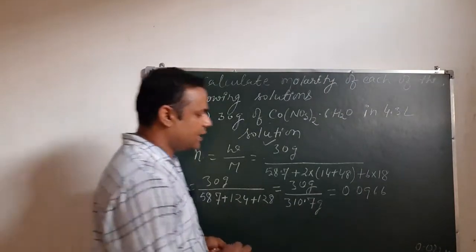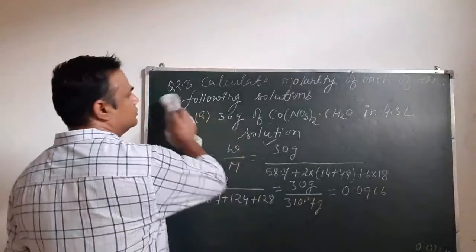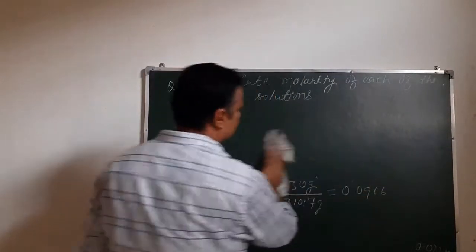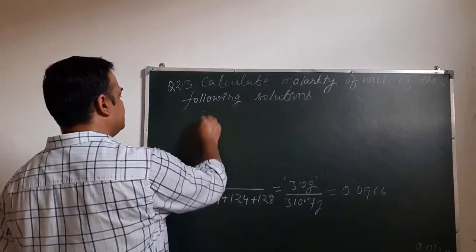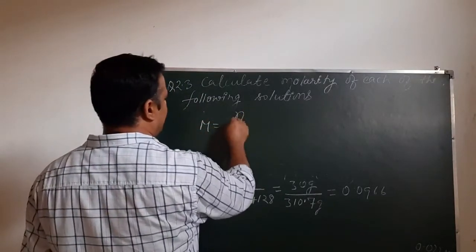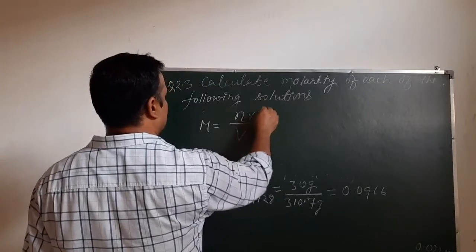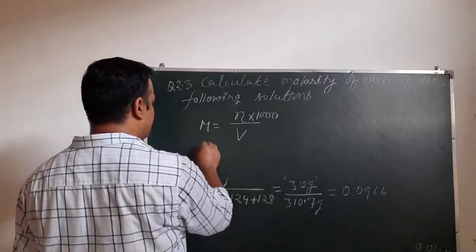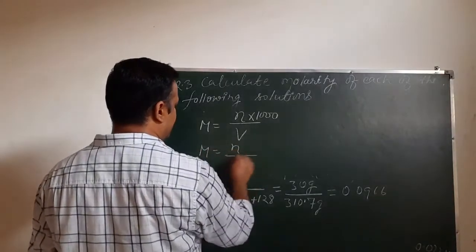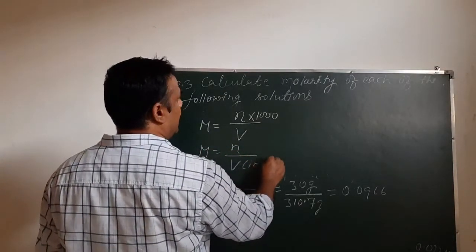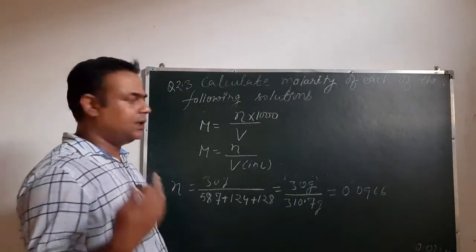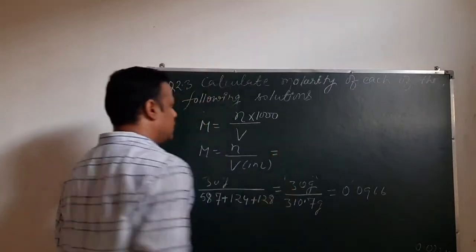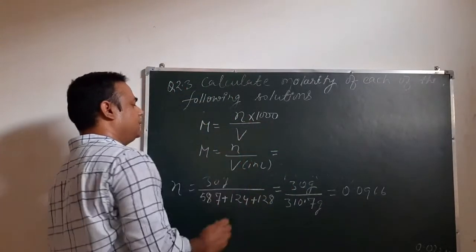Now we have to determine molarity. Molarity of solution M is given by n by V into 1000 if volume is in ml. If volume is not in ml, then molarity is n divided by V in liter. In this question volume is given in liter, so we need not multiply by 1000.